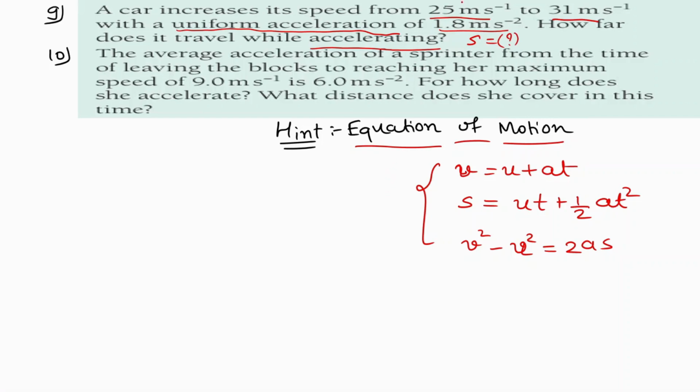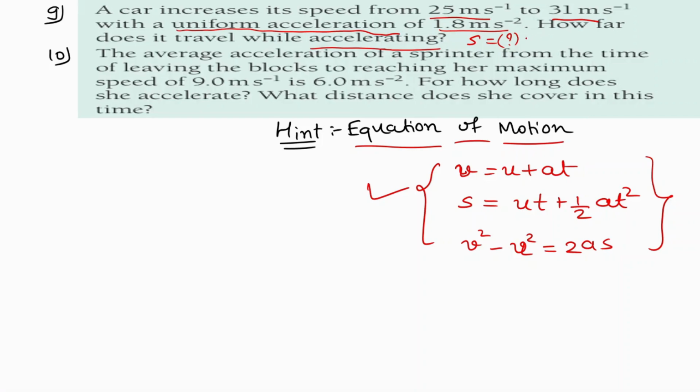Take this data and try to choose which equation we are using in this particular question. Okay, this is the best technique. First, write what is given here and compare it with these three equations, and keep in mind what is to be found.